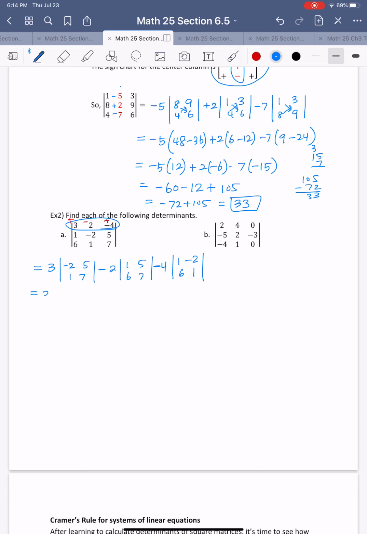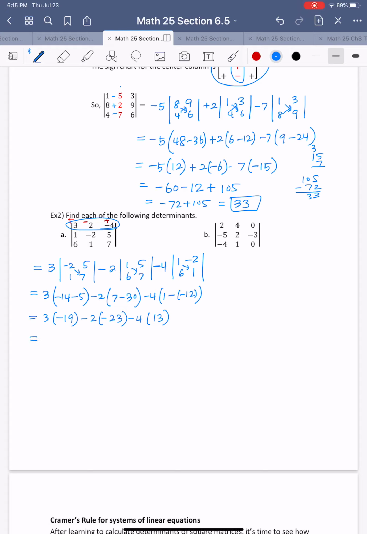So I got 3 times of negative 14 minus 5, negative 2 of 7 minus 30, negative 4 of 1 minus negative 12. I got 3 of negative 19 minus 2 times negative 23, and negative 4 times 13.